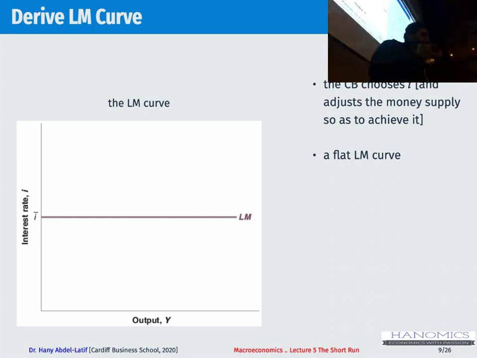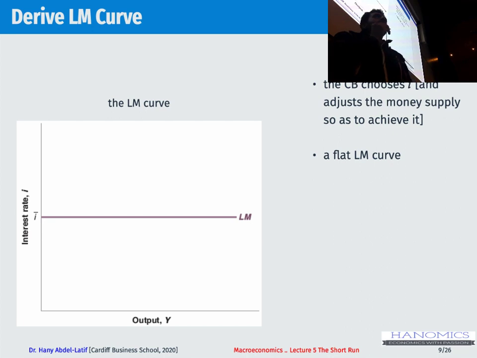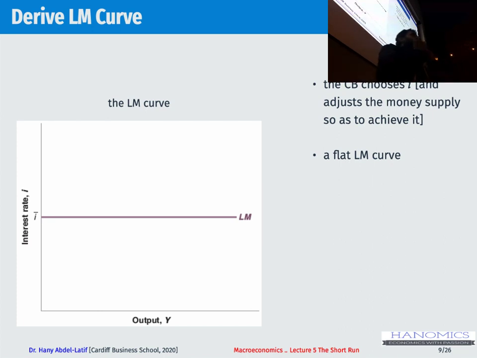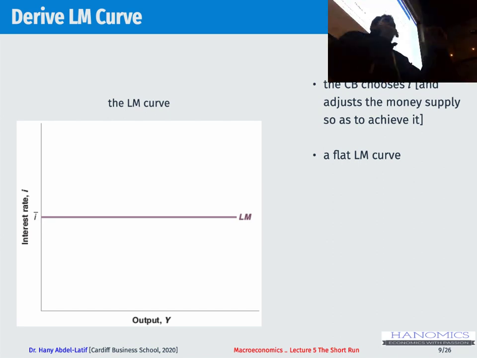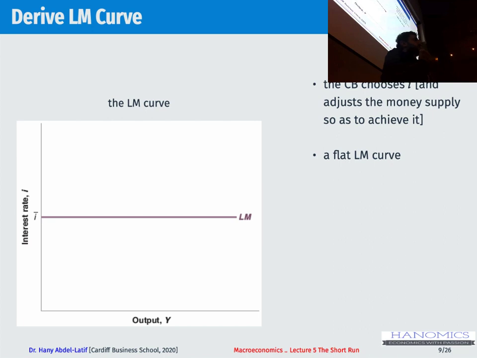But as we explained at the end of the last lecture, what central banks usually do today is choose the interest rate level first, and then adjust the money supply to achieve that interest rate. What does that mean for the LM curve? It means the LM curve is horizontal, as you see on the graph now.